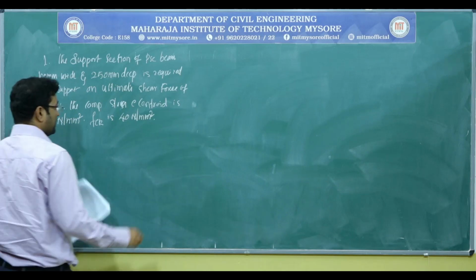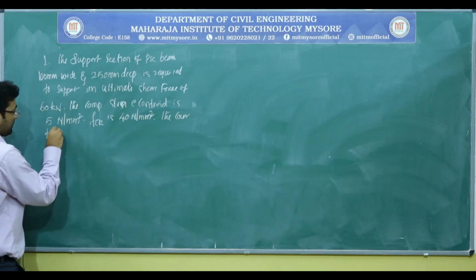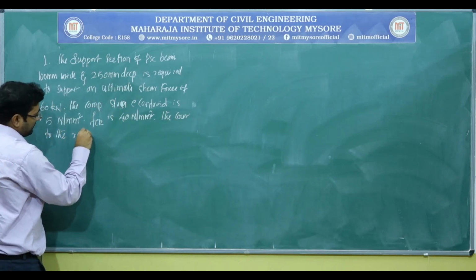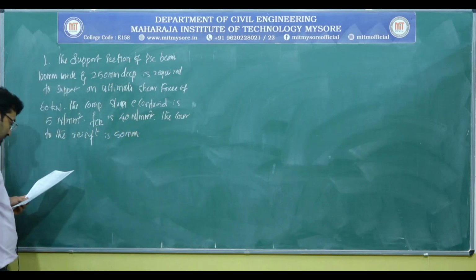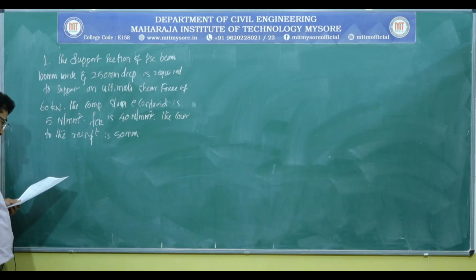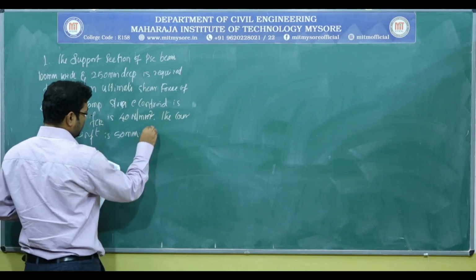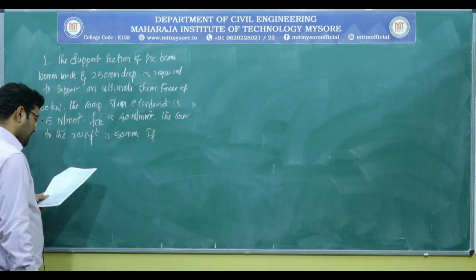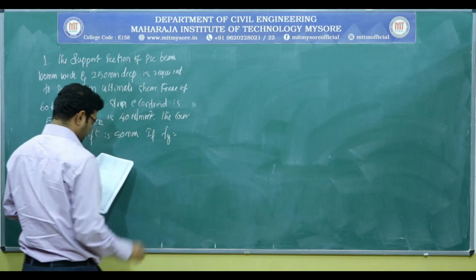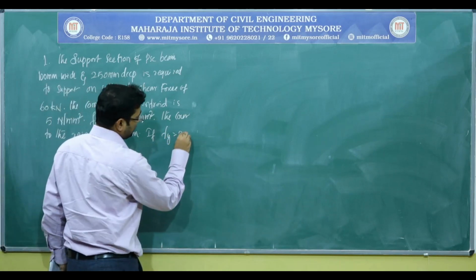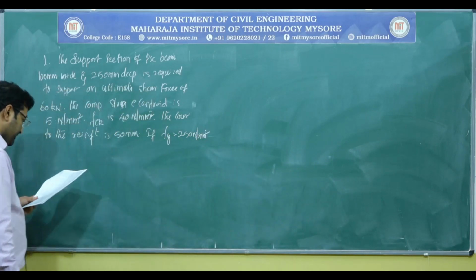The cover to the reinforcement is 50 millimeter. The characteristic strength of the steel in stirrups, that is fy, is 250 newtons per millimeter square.